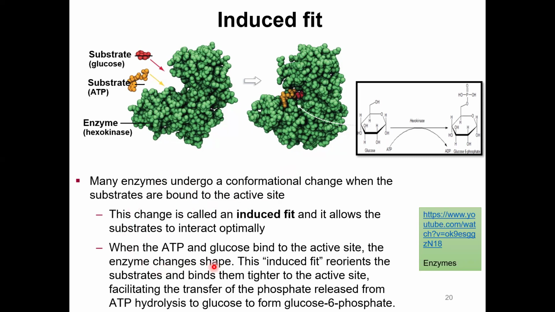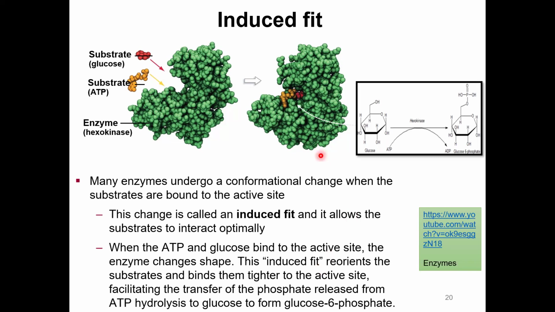What we see here is when the ATP and glucose bind to that active site, the enzyme itself changes shape, and this induces a fit, reorients the substrates and binds them more tightly to that active site, allowing the phosphate to be released from the ATP hydrolysis.